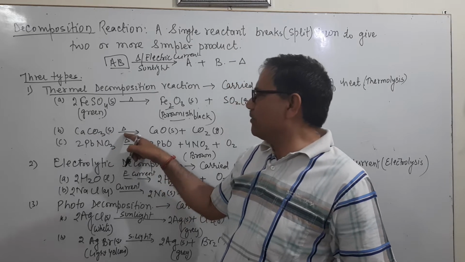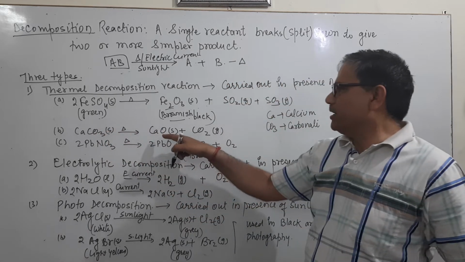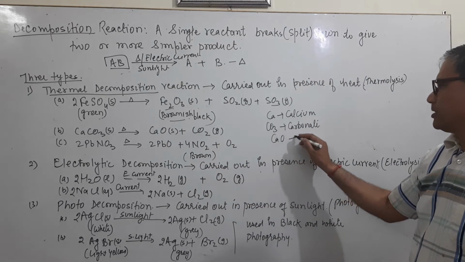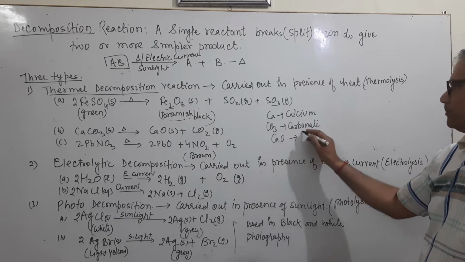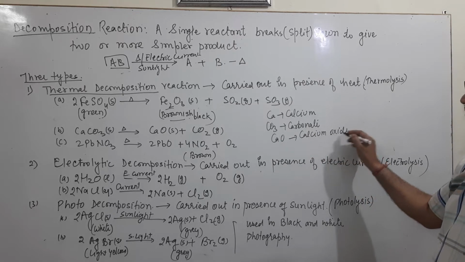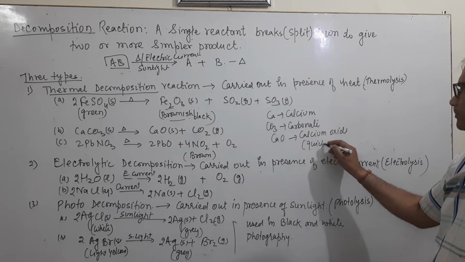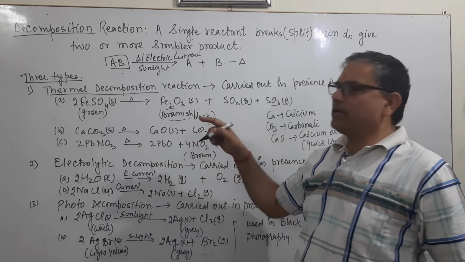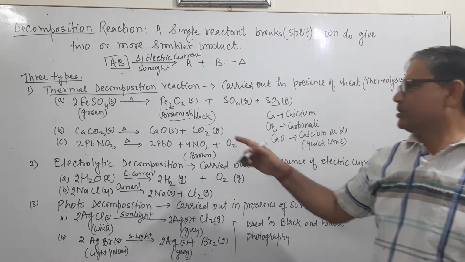When heat is given to the calcium carbonate, it gives the compound CaO, calcium oxide, which we call quicklime, solid in nature, and releases carbon dioxide, which is a gas.